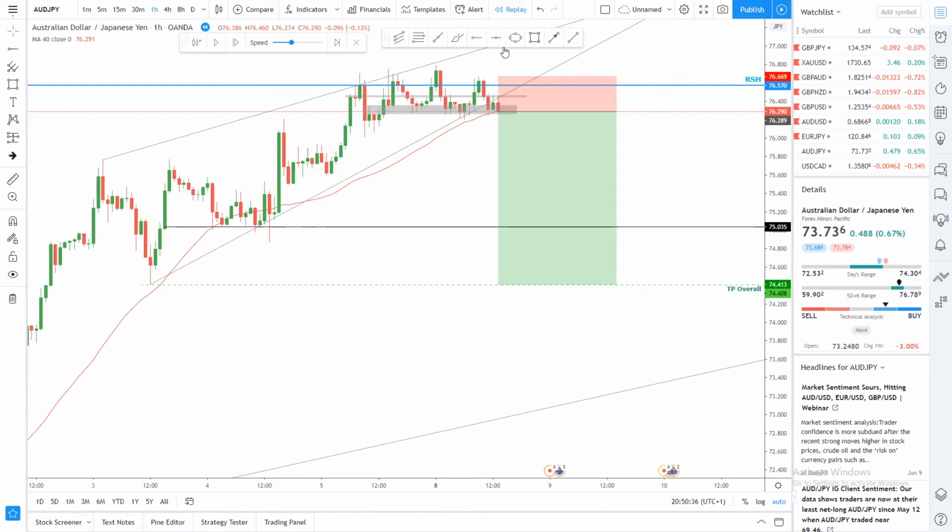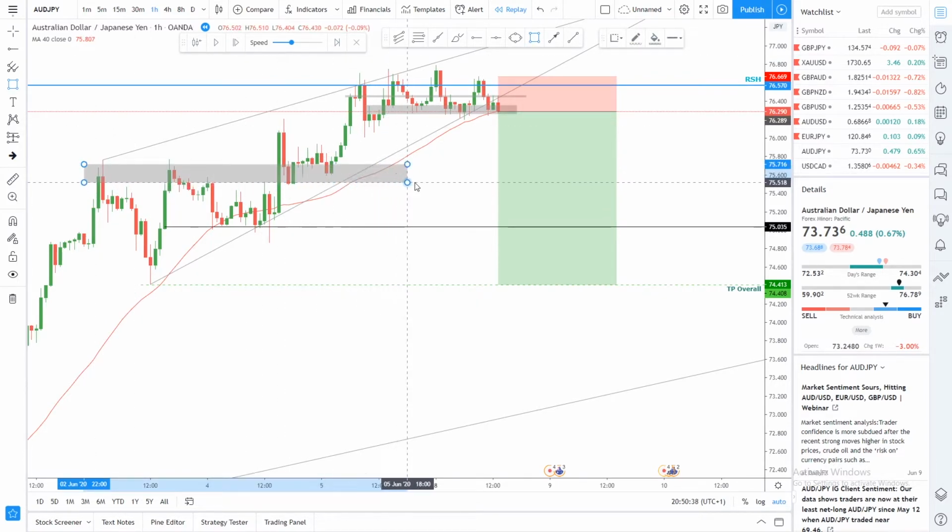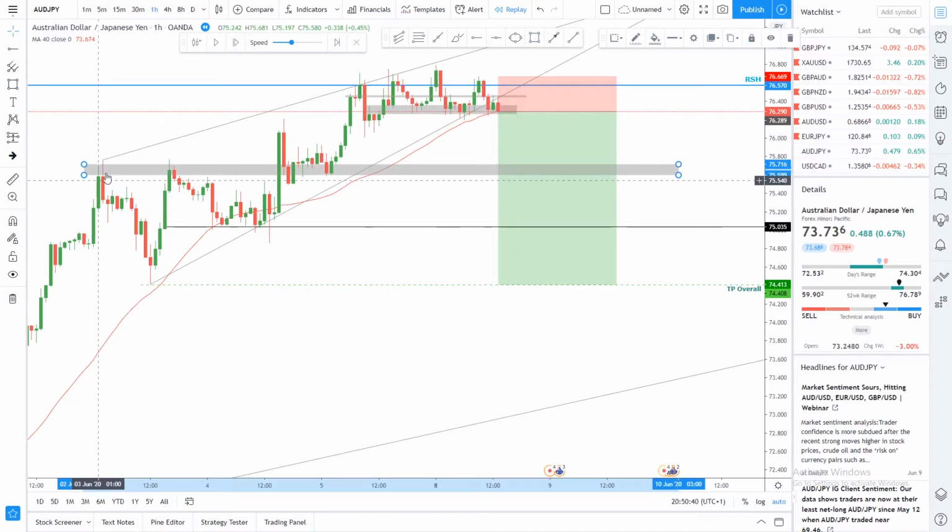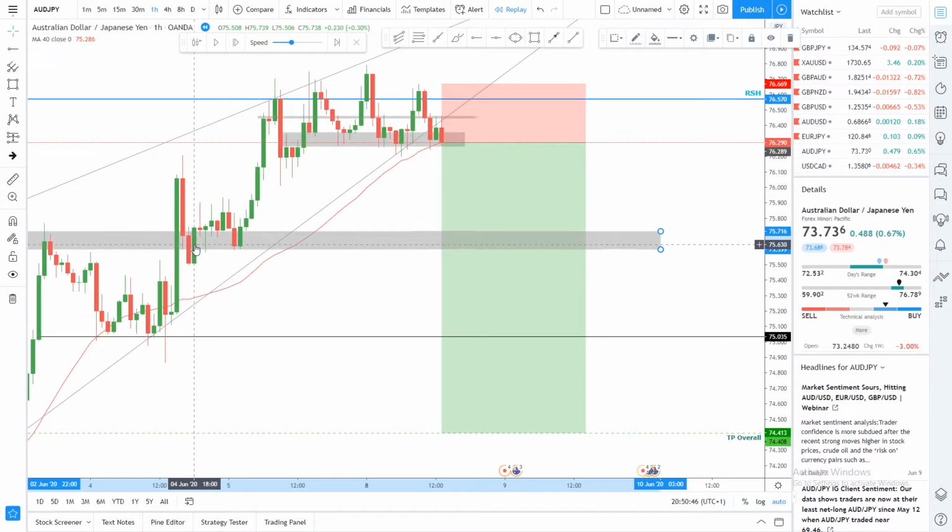However, this area here is of key interest because it's a resistance that has also turned into a support, and we've got one bullish engulfing candle here, and then another bullish engulfing candle here. Could also call that tweezers.